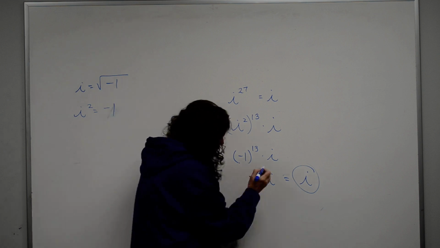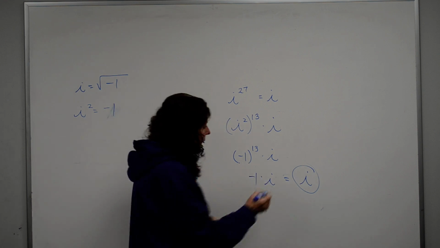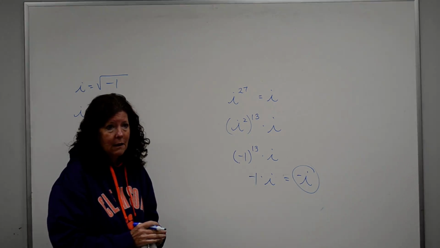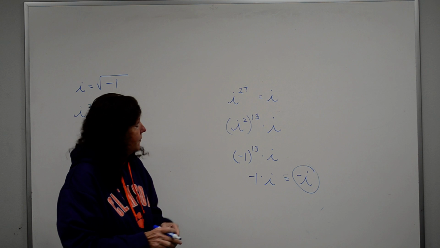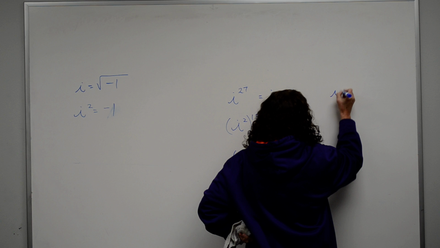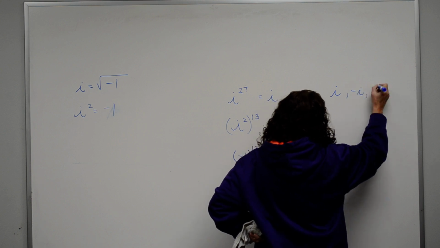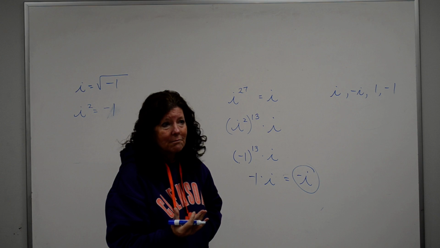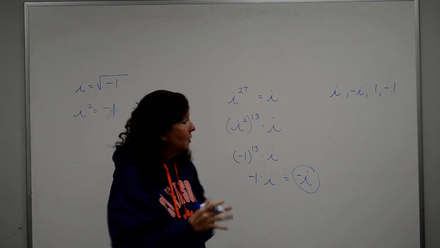So this is now negative 1 times i, or negative i. Okay? When you have something like this, you have 4 choices. Those are the only 4 answers you can possibly get. Okay? No matter what you do.